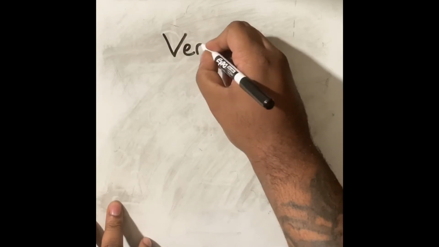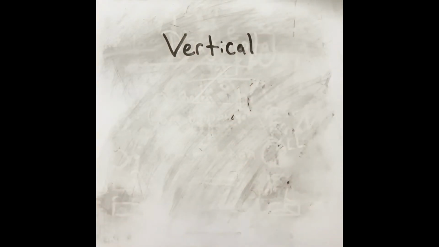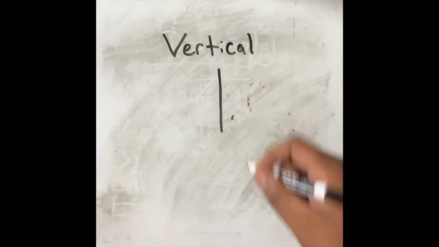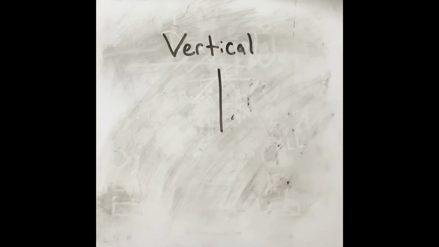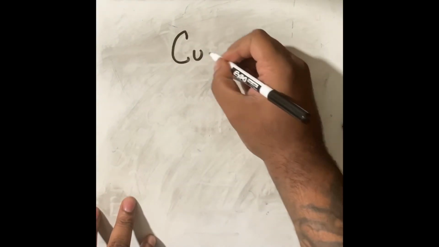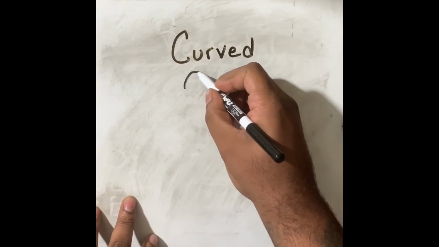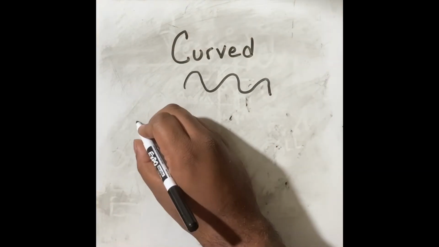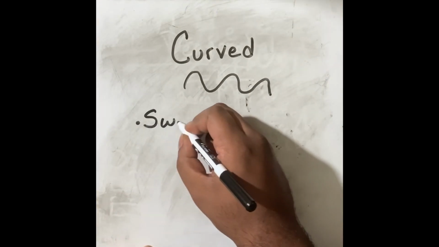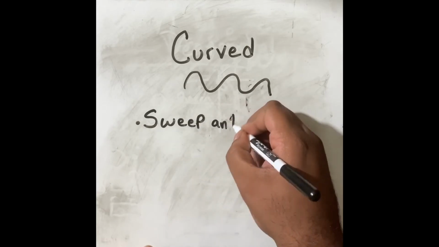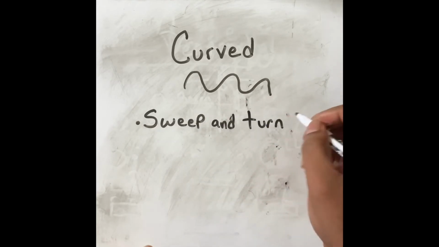Our next line is vertical. A vertical line goes up and down. After that, we have curved lines. They sweep and turn gracefully between endpoints.